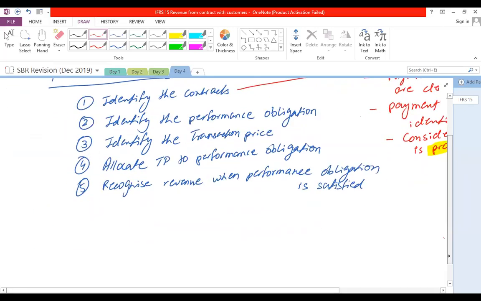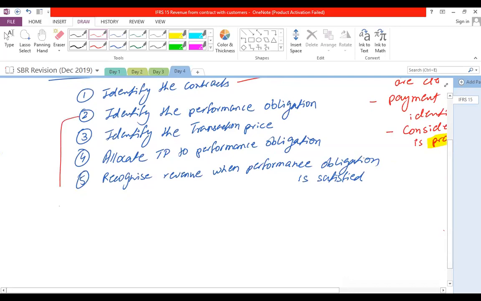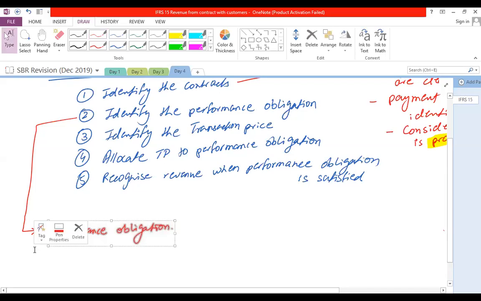Now the second step is identify the performance obligation. When we identify the performance obligation, what exactly does the word performance obligation mean?